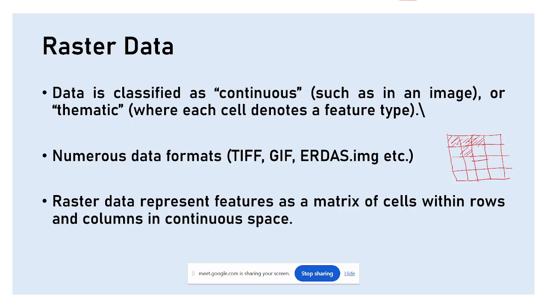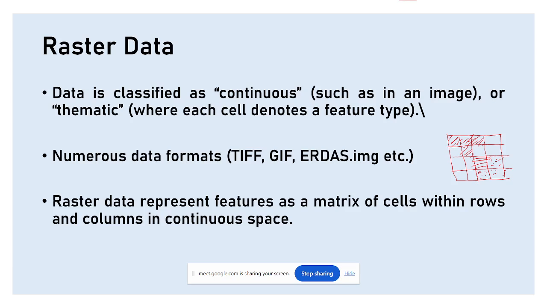Then let's say this is a building area. Then we might have some other feature over here. So this is how the data can be either continuous like in an image, or it can be thematic like in a land use land cover data set. We might have such thematic representation.